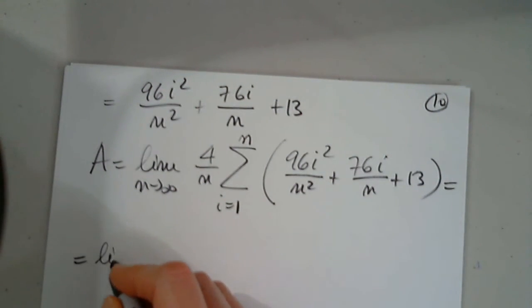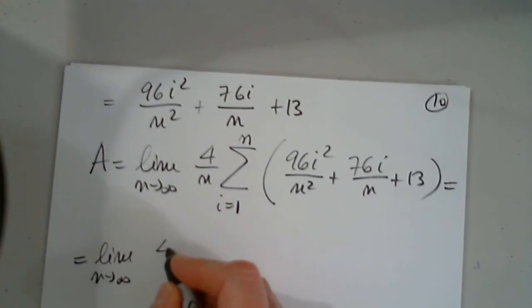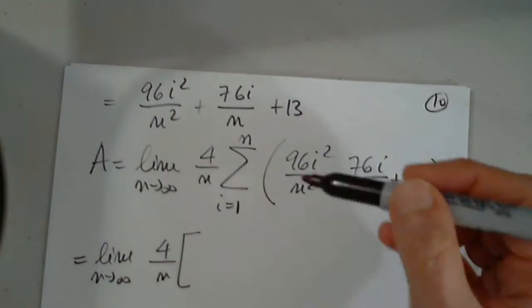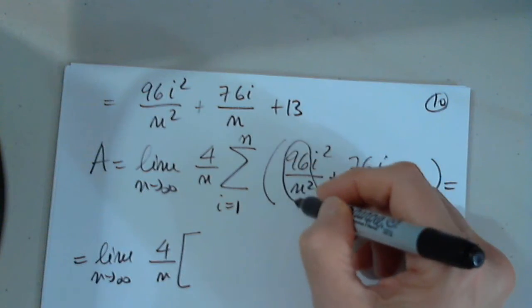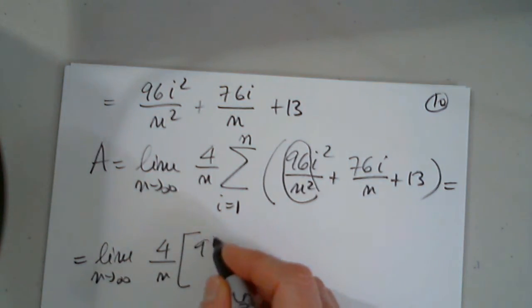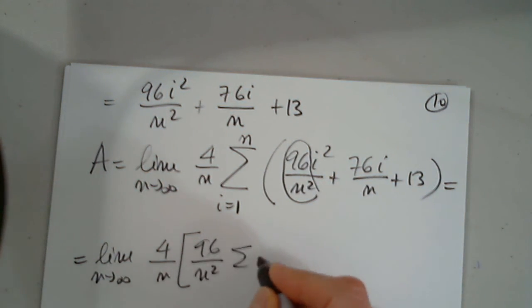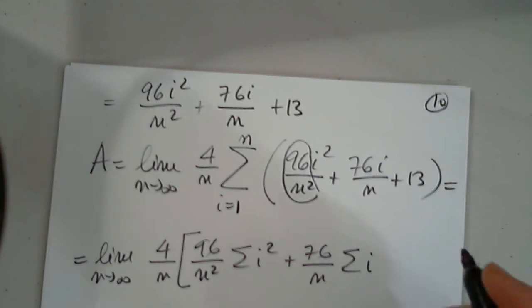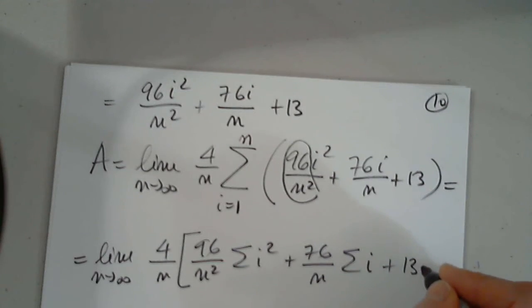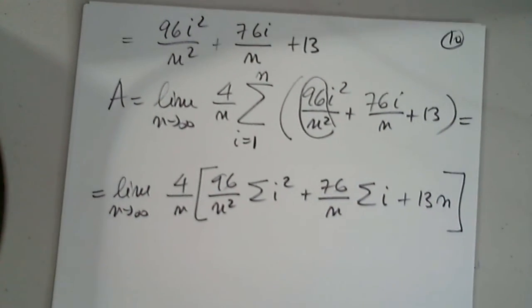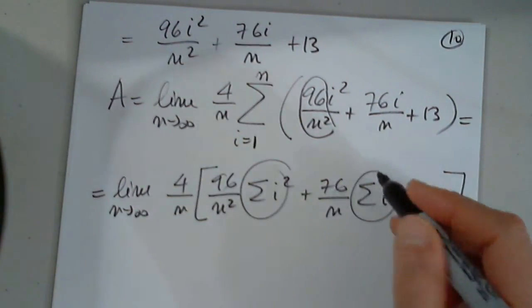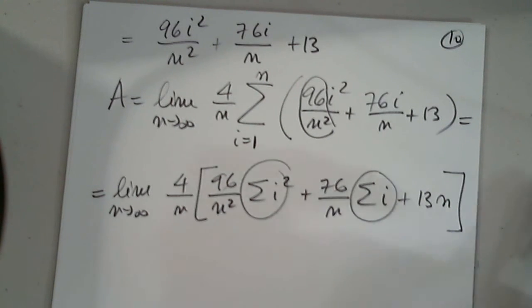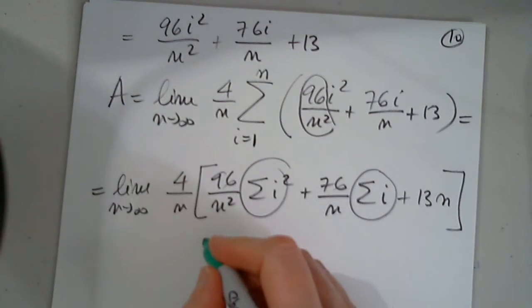Okay. So now limit as n approaches infinity, 4 over n. So I'll take this in front when I apply the sum. So 96 over n squared, the sum of i squared, plus 76 over n, the sum of i, plus 13n, we know that already. Now this and this will be replaced by n.